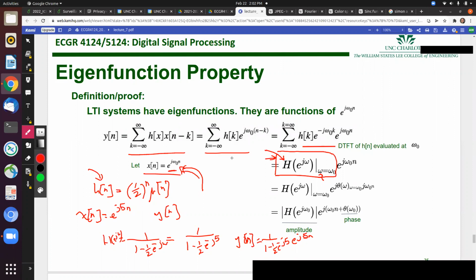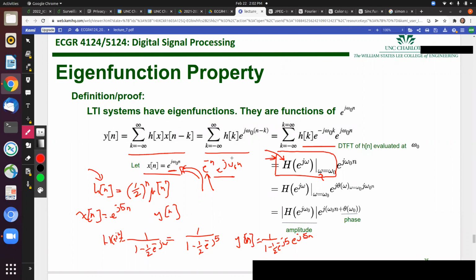Because you can have an envelope and an input. An envelope like e to the minus n times e to the j omega naught n is not exactly the same thing, because this is not an eigenfunction. This is an envelope, and it's not a linear combination, it's a multiplicative combination. So it doesn't work for that one. If this constant were not a function of n, it would work.